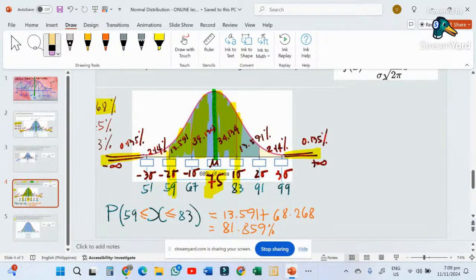81.859% of students garnered a score from 59 up to 83.